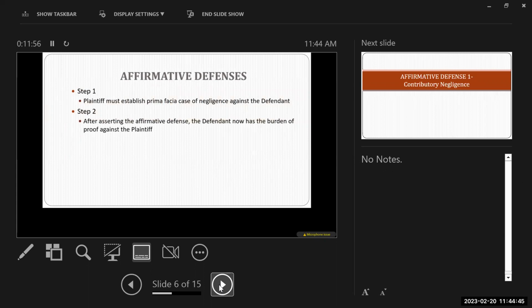If a plaintiff is able to establish a prima facie case of negligence, the plaintiff wins, right? If the plaintiff is able by a preponderance of the evidence, because that is the standard the plaintiff must meet, to establish that the defendant had a duty, that the defendant breached the duty, that the cause of the injury suffered is because of that breach, understanding causation has two prongs, and there's actual damages, the plaintiff wins.